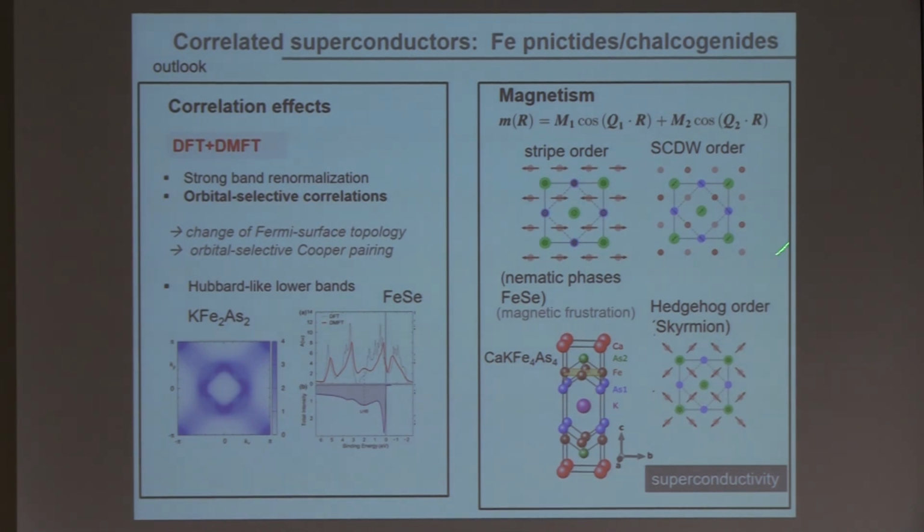We have this double-Q order that has now been seen in many hole-doped 1-2-2s. And this is now the new system coming into play, where we have hedgehog or skyrmion type of order. I would be very careful about saying the word skyrmion in this community, but basically we have this 2-in-2-out non-collinear order, and we have to analyze what the consequences are for superconductivity.